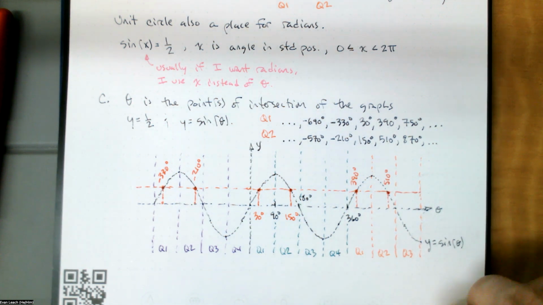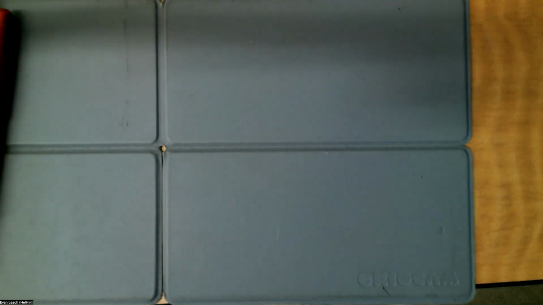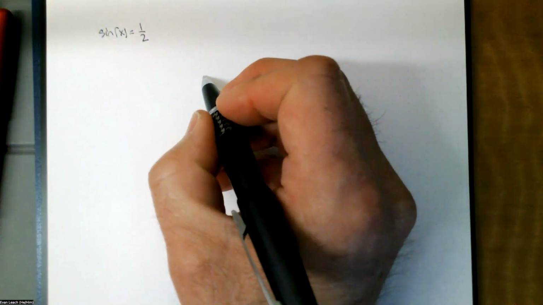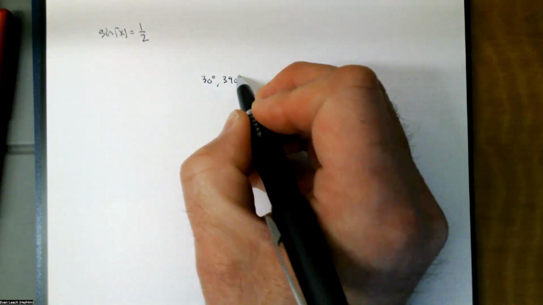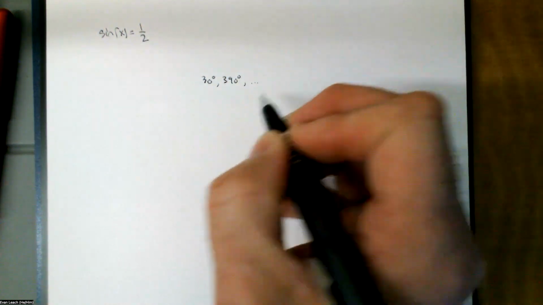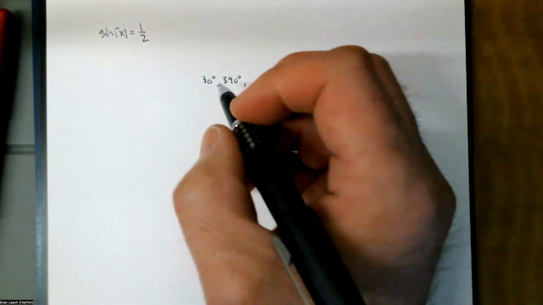We can also do this in radians, where everything comes out as fractions. So instead of 30 degrees, 390 degrees, and so on, I'd start off by writing 30 degrees in radians as pi over 6.